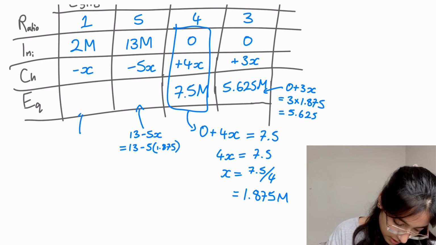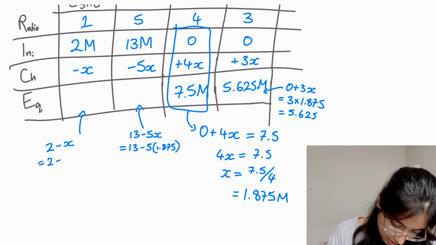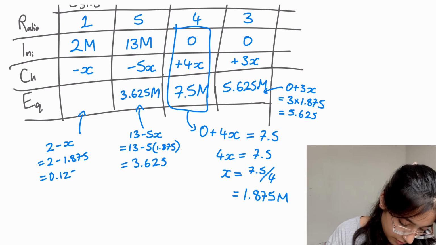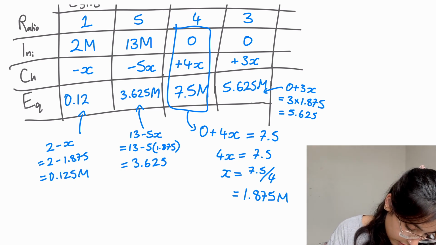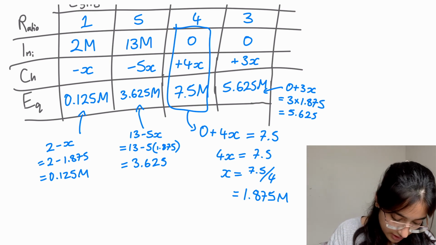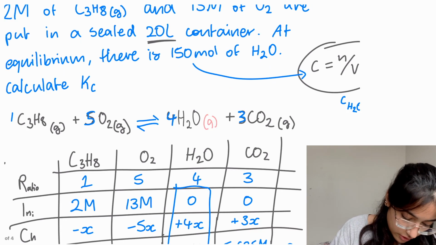And then this one would be 2 minus x, which is 2 minus 1.875, which gives us 0.125. So that leaves us basically all done. Yippee! But don't forget step 3, which is calculate Kc, because the question asked us to calculate Kc.